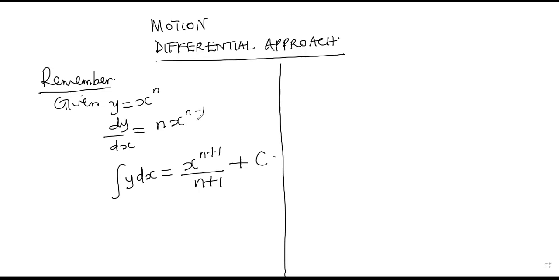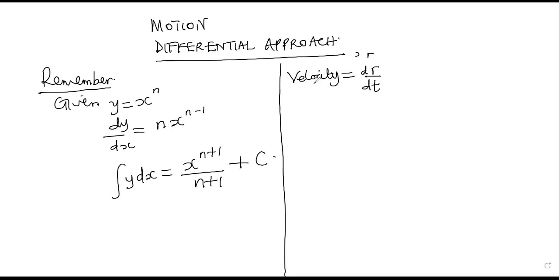Then when we say velocity, velocity is the rate of change of displacement. So I'm assuming that my displacement is r. When I say velocity, it is the displacement out of time, but because I'm saying rate of change, we say dr/dt.